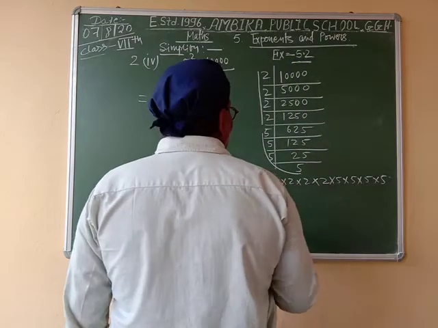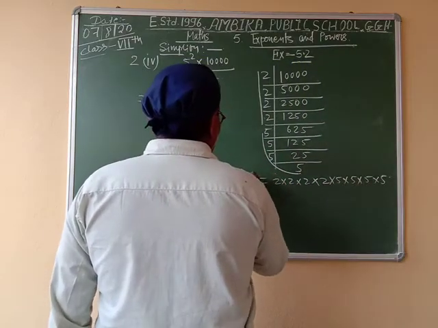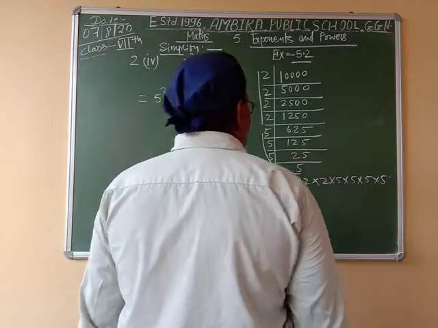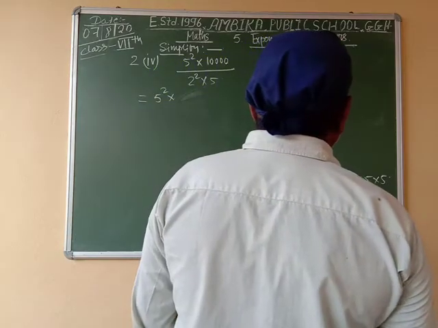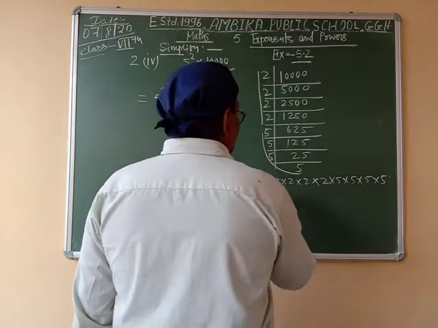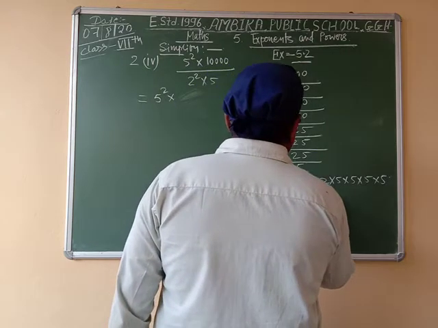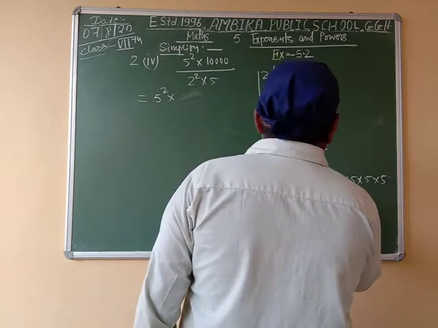Prime factorization of 10,000 is equal to 2 into 2 into 2 into 2 into 5 into 5 into 5 into 5, which is equal to 2 to the power 4 into 5 to the power 4.